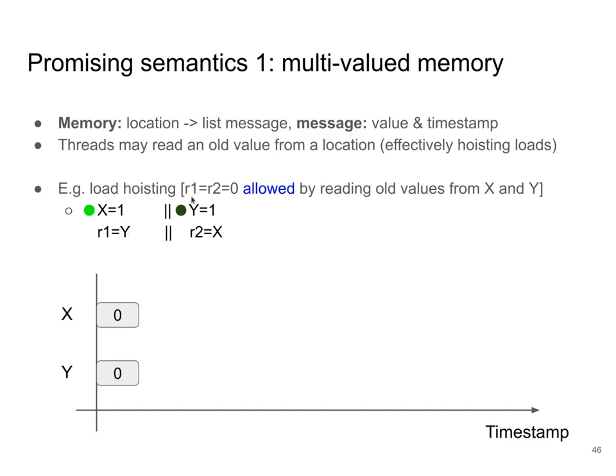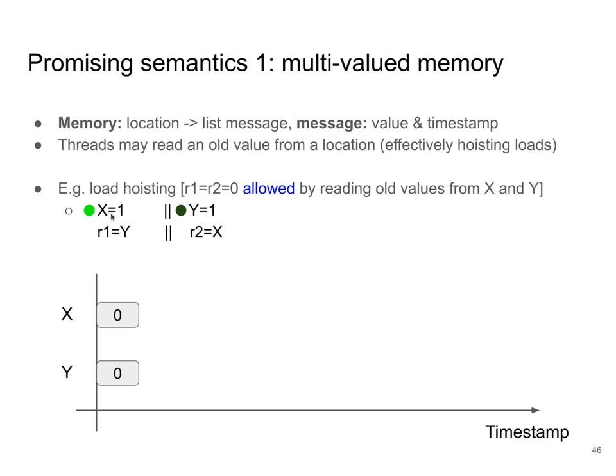In the right thread, y equals 1 is executed, and then x is read into r2. The behavior in question is whether r1 equals r2 equals 0 is possible. In order for this to happen, r1 should read from an initial value which has not been overwritten by this write, and r2 is also reading from the initial value that has not been overwritten by this write.